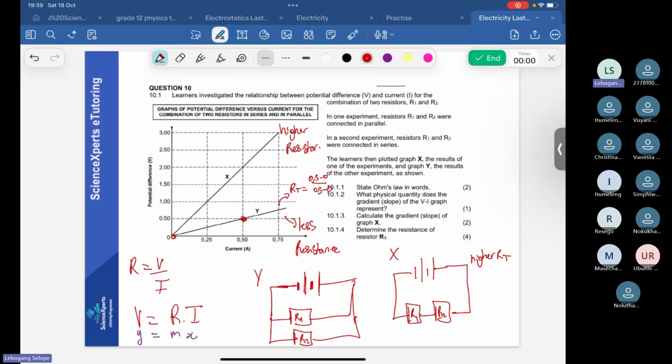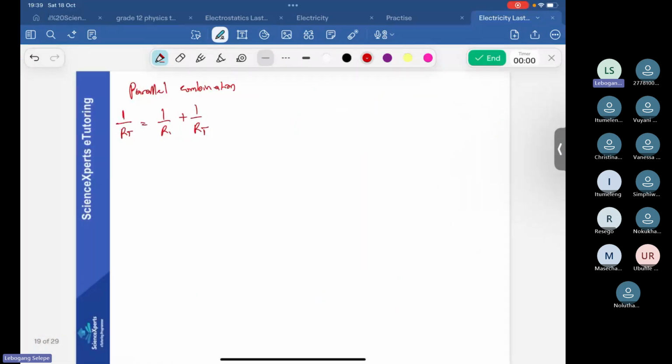So that's 1. For the parallel combination, our resistance is 1. So 1 over 1 is equal to 1 over R1 plus 1 over R2, right? So this would be equation 1.